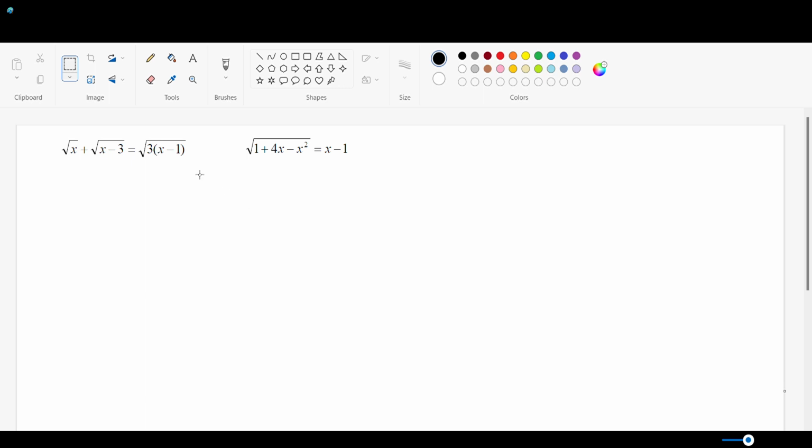Okay, hello my friends. In this video I'm going to solve these two, I think, very easy equations called irrational equations. I think these equations are very easy to solve because the procedure is really simple.